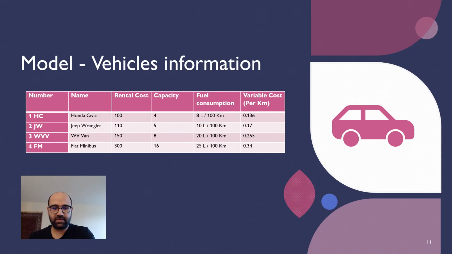As you can see, I have considered four different types of vehicles, including Honda Civic, Jeep Wrangler, Volkswagen van, and Fiat minibus, each of which has different rental costs, capacities, and fuel consumptions. The variable cost is calculated by dividing the fuel consumption by 100 kilometers and multiplying by the cost of fuel in Canada.